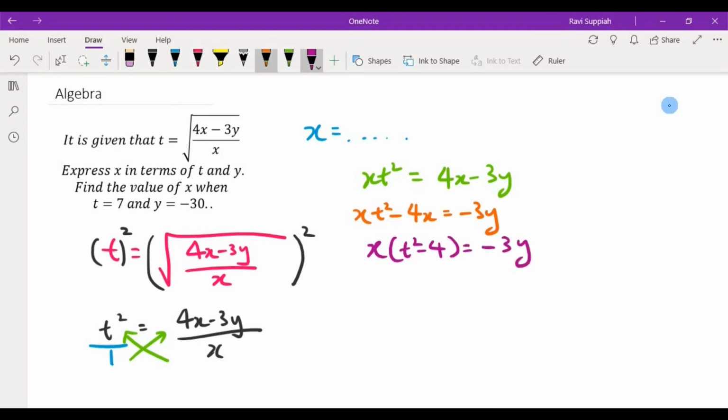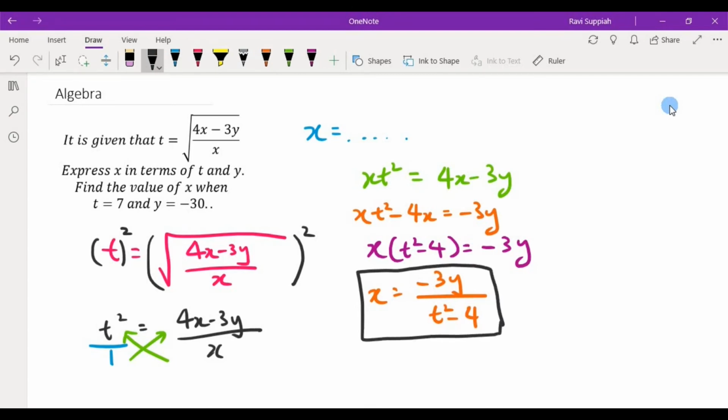So finally, what I have is x equals minus 3y divided by (t squared minus 4). So that is the final solution for the first part here, which is the expression.